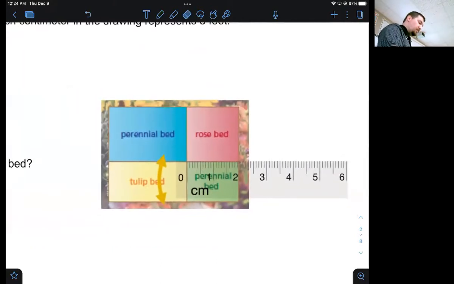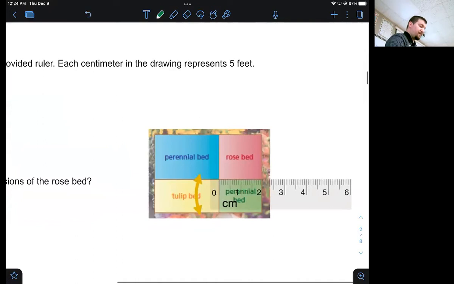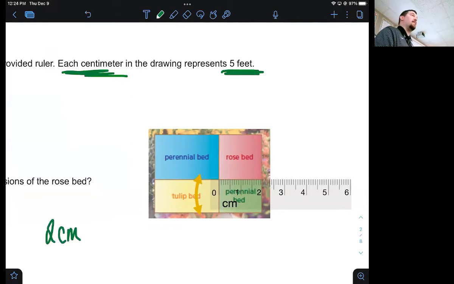So our rose bed is 2 centimeters. Again, if every centimeter is 5 feet, this would be my proportion if I was writing a proportion for this. If 1 centimeter is 5 feet, then 2 centimeters is going to be how many feet? 10. Yeah, you're just timesing by 5 again. And so 10 feet. So 2 centimeters times 5 is 10 feet. Make sure you have all that work written down for number 5.